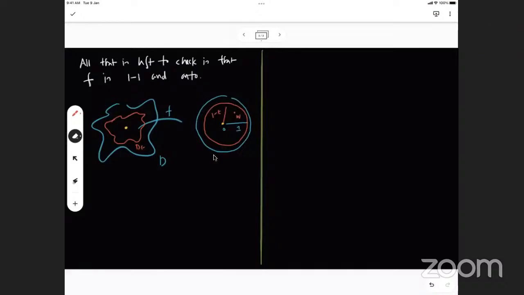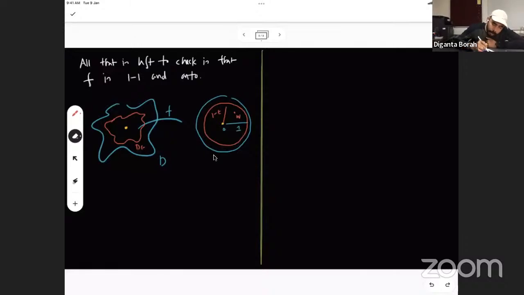Okay. So now our point is to show that the function f is 1-1 and onto. So I take any w, this w here, and I want to show that there is precisely one pre-image. There is one pre-image, and there is only one. For that, I am considering a circle or a disk of radius 1 minus epsilon containing this.